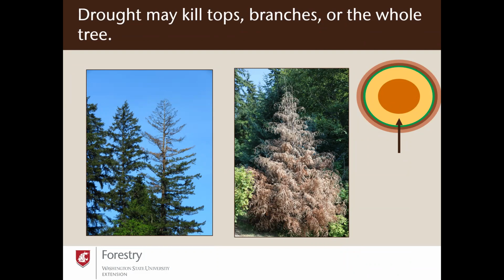And on that hot, dry day, water molecules readily evaporate out. And so they're putting a lot of pull, a lot of tension on that water column. But if we're at the point where the soil moisture is depleted, so there's no new slack coming in the other end, at some point the water column, those chains of molecules, are going to get tighter and tighter until the chains break. And we call this a cavitation.